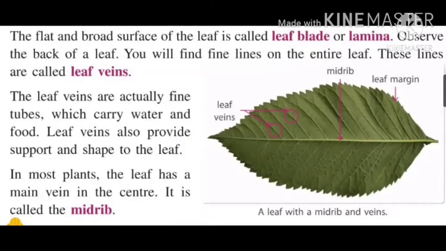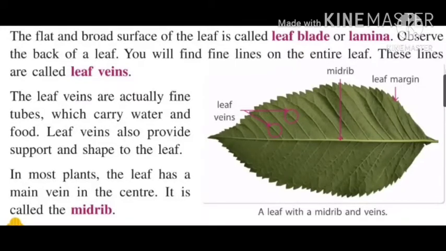What are those actually? Those are fine tubes. And what do they do? They carry water and food, and also they provide shape to the leaf. We find a main vein in the center of a leaf. That is known as midrib.